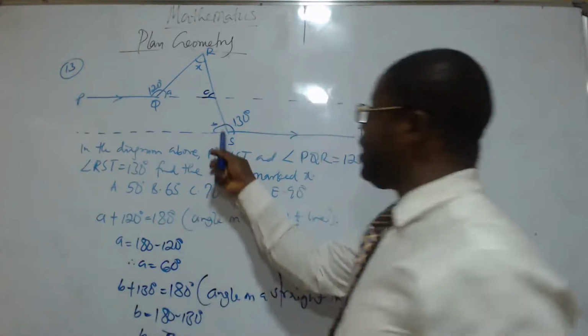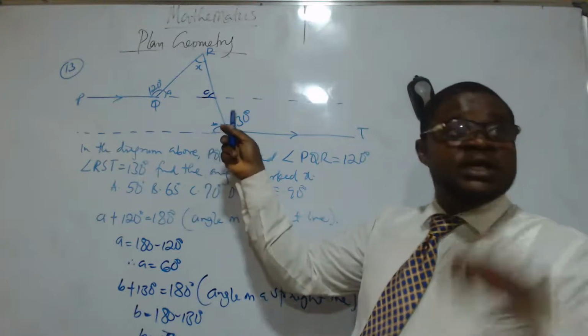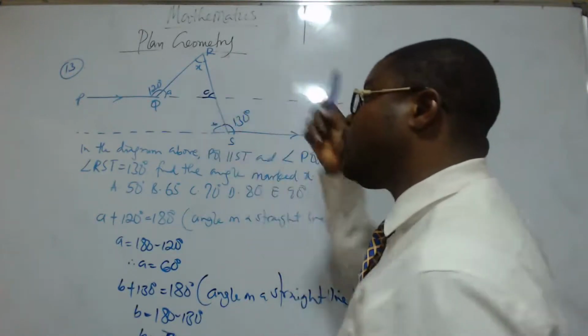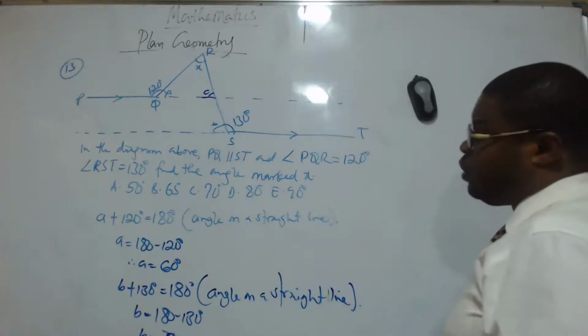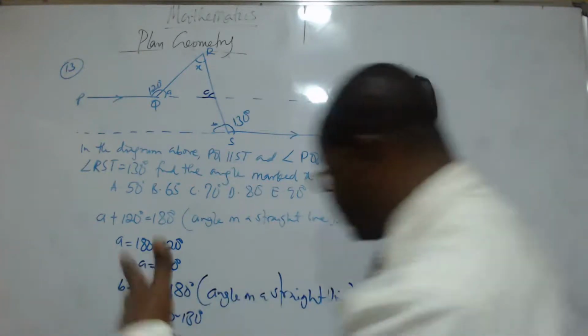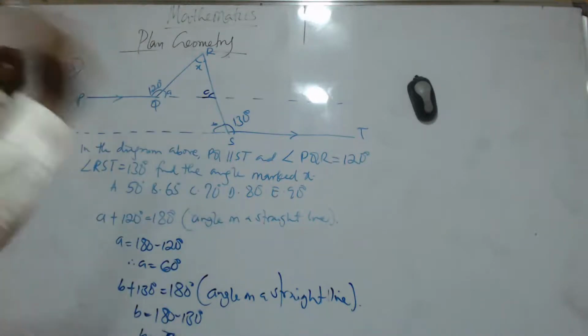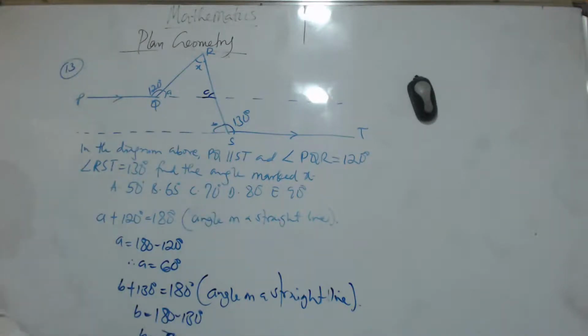This angle here is facing the same direction as the angle here, and that's why we know they are corresponding angles. And if that is the case, they are equal. And if they are equal, our value for B is 50. Therefore, our value for C too will be 50 degree.